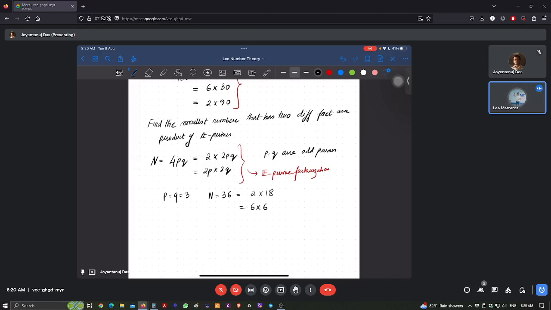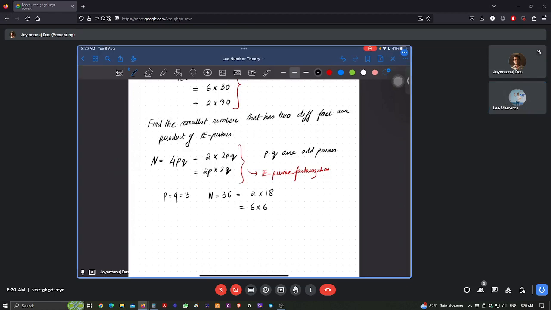So 4PQ is like a generalization of all E primes, right? Yes. 4PQ is the generalization of all numbers that have exactly two E prime factorizations. That is your 4PQ.